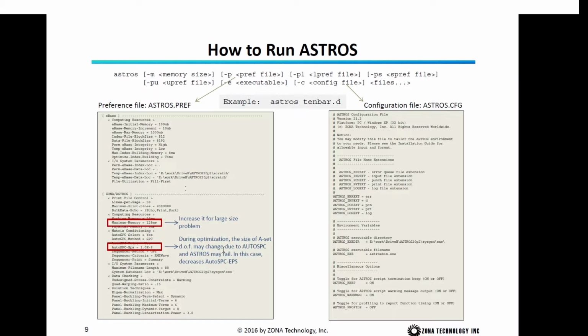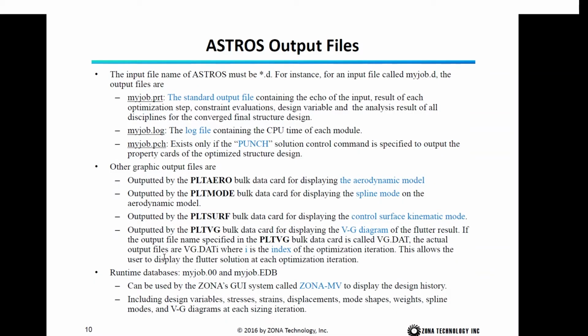This may create a problem, because during the optimization, if all of a sudden one diagonal term of the stiffness matrix is smaller than this value, the auto SPC will remove this degree of freedom from the A set. So all of a sudden, the size of the A set degrees of freedom changes. In this case, ASTROS may fail. So if that happens, you have to decrease this default value.